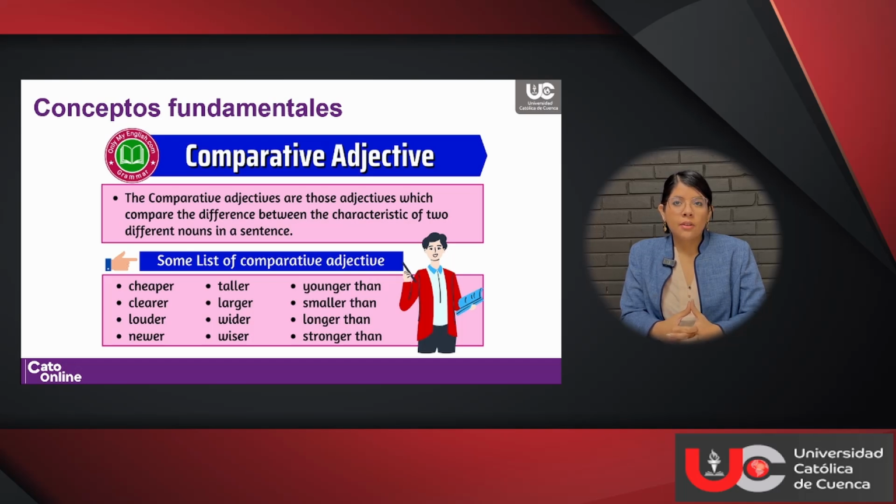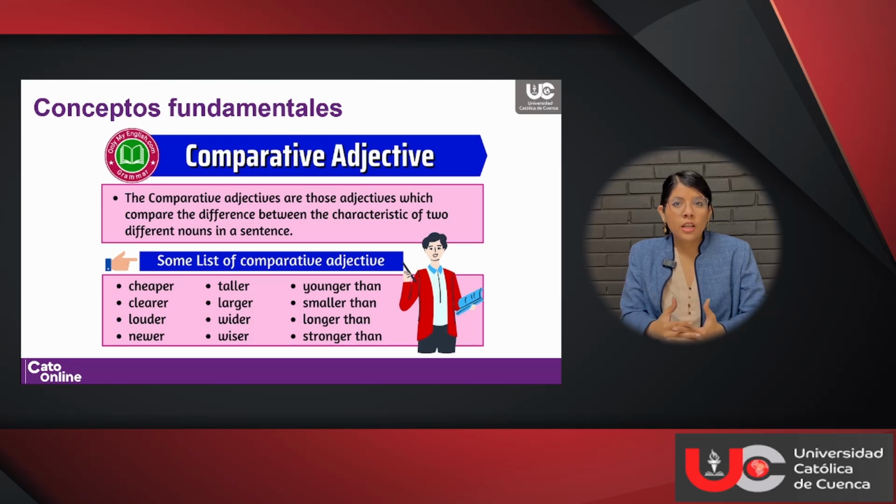We can have cheaper, taller, younger than, clearer, larger, smaller than, louder, wider, longer than, newer, wiser, stronger than. See how these words indicate that something is more than the other one. So the word cheaper indicates that it's more cheap than something else.